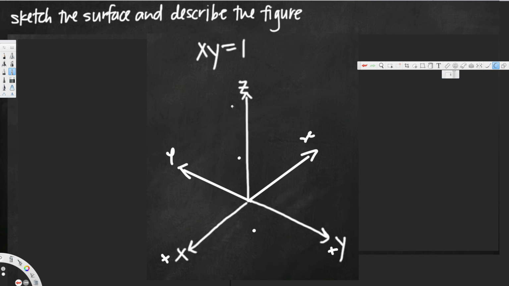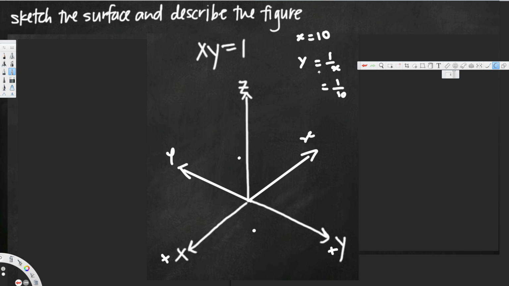To draw this graph, we have to know one more thing. For example, let's say x is equal to 10. If x is equal to 10, y is going to be equal to 1 over x. I'm rearranging this equation, so y is equal to 1 over 10. As the x value increases, the y value decreases, right?